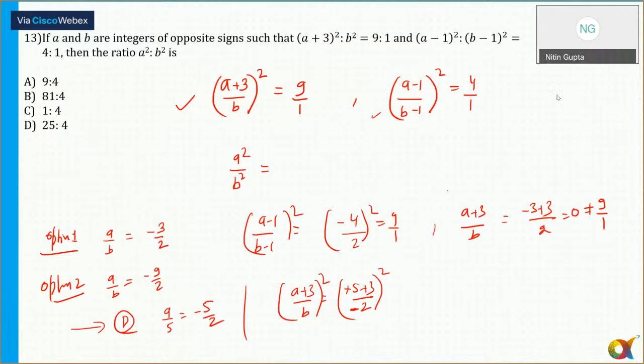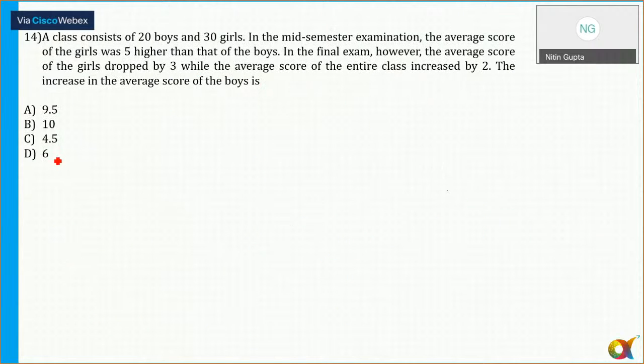No. I think the answer for this question is given as option number D, probably 25 by 4 should come. Okay, if I take from the last one, it is equal to 25 by 4.